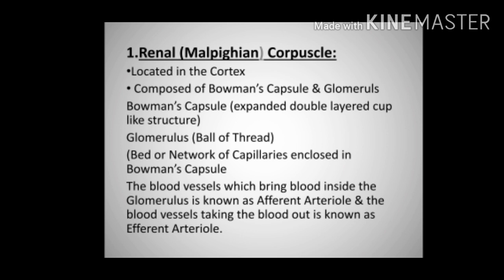Remember, afferent arteriole brings the blood into the glomerulus, whereas efferent arteriole leaves the glomerulus. You will understand all these structures in figure. So in figure we'll discuss once again all these structures.